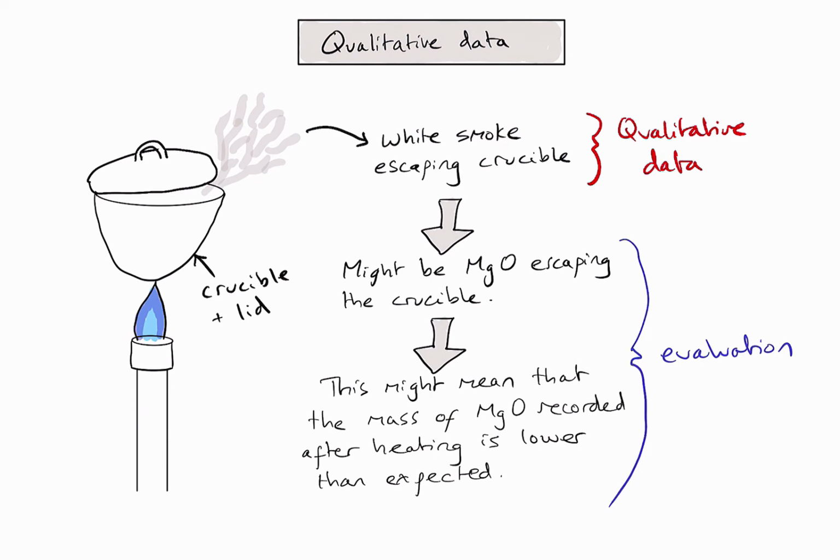Of course, in an evaluation section, once I've identified sources of error in my methodology, we try to suggest realistic improvements that would minimize those sources of error or perhaps even eliminate them. Let's take a look at a second common practical and a possible qualitative observation that we might make.